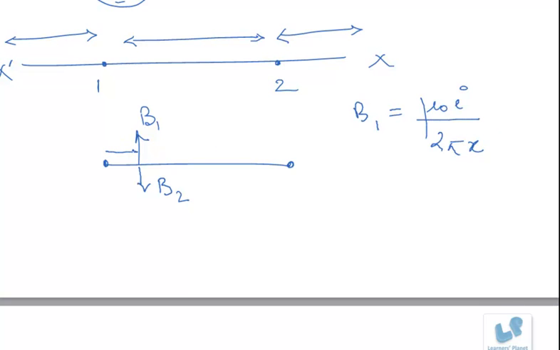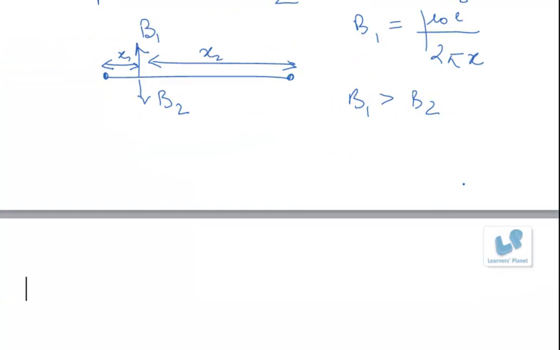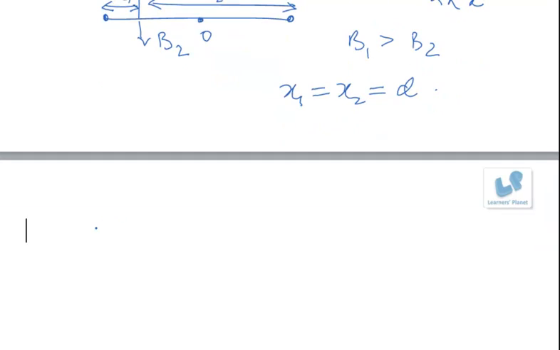So when this distance x1 is lesser as compared to this distance x2, then in that case B1 will be more than B2, and B1 will be equal to B2 when x1 and x2 become equal. Okay, so when x1 is equal to x2, which is equal to D, then the net magnetic field at the center would be 0.